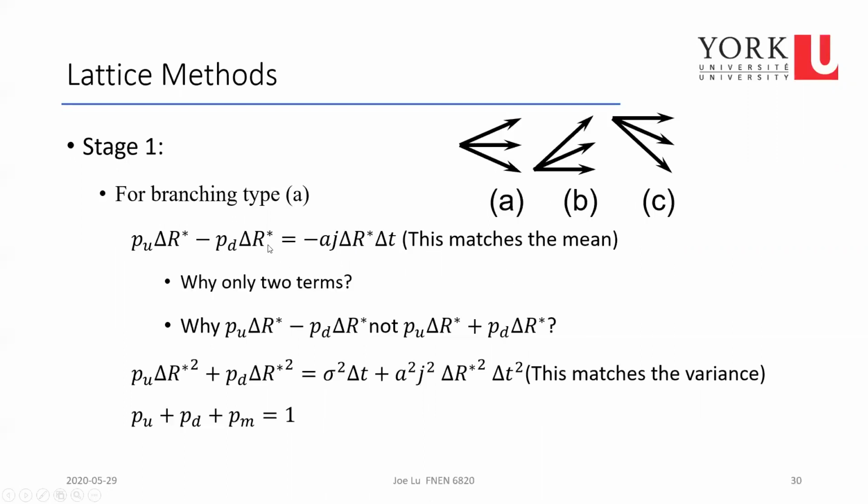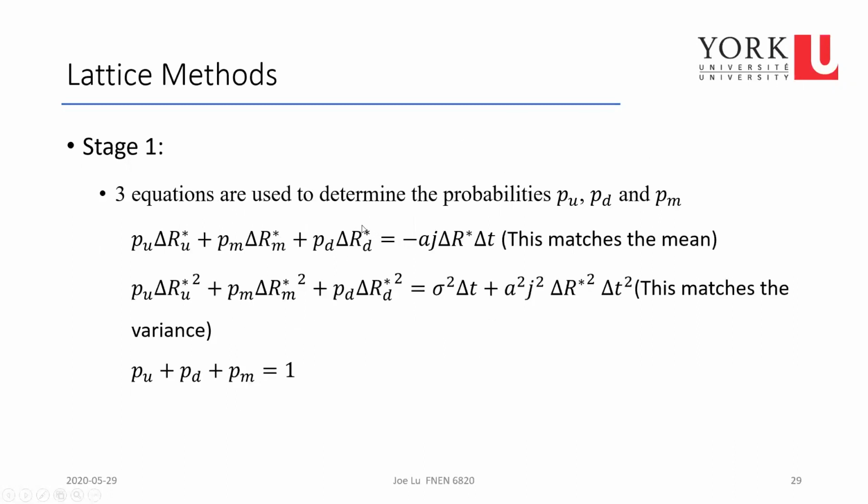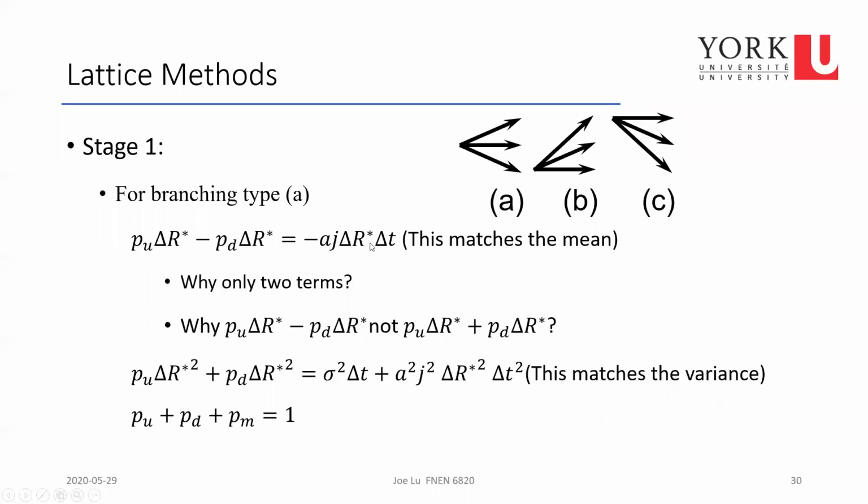It's because delta R is an absolute value, and here we're going down. So we have to put a minus on this delta R, because delta R is a negative number here. Delta R D. And here we only have delta R, which is the absolute magnitude.